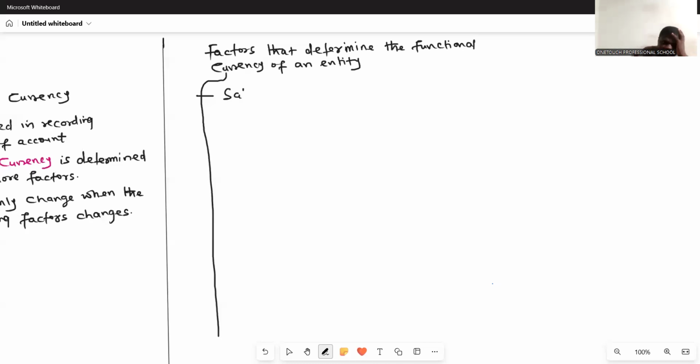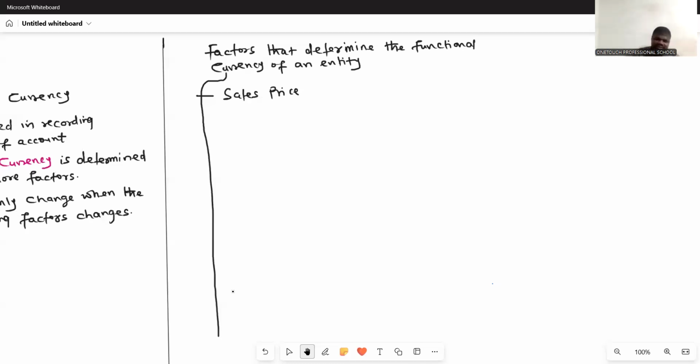Number one, sales price. We are talking of the currency that influences the sales price of an entity's product. The price of the product is in which currency?